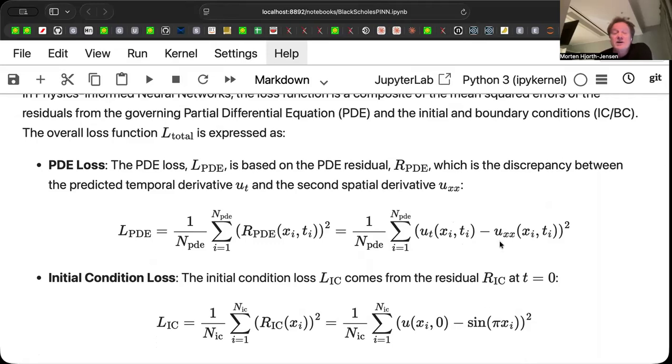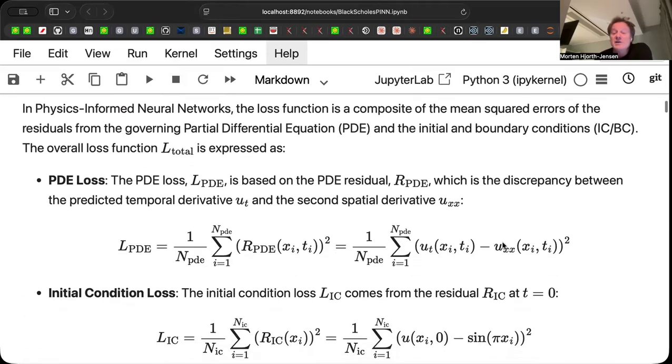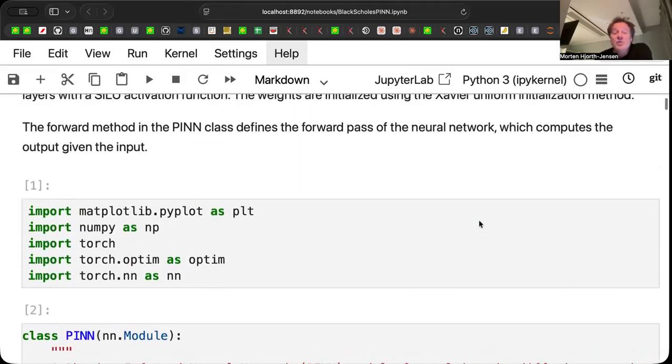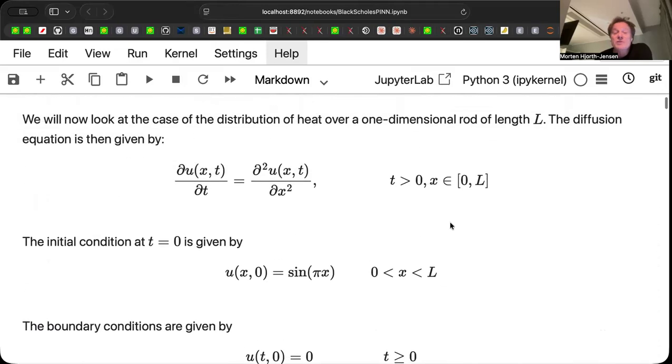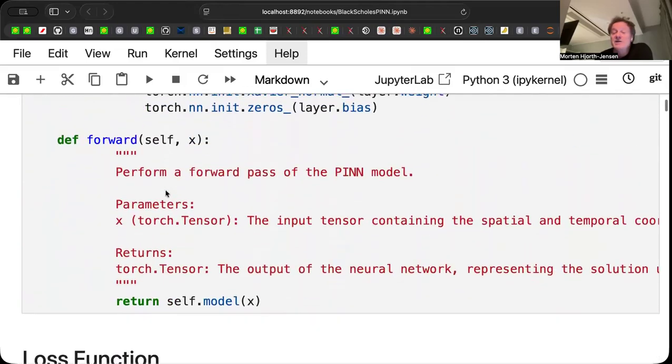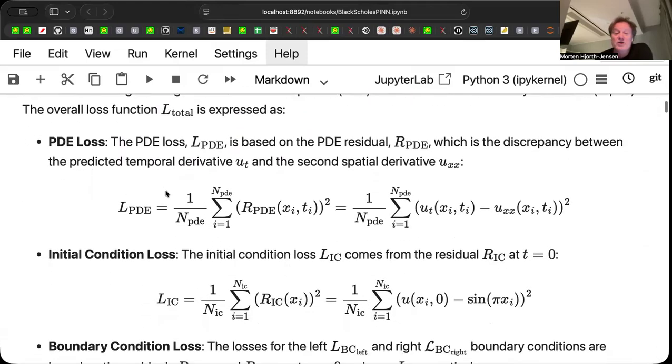So this essentially is just us looking at the discretized version of the left-hand side and the right-hand side. And if we go back to the differential equation, what we are simply doing now is taking the difference between these two sides. So this defines one part of the cost function.